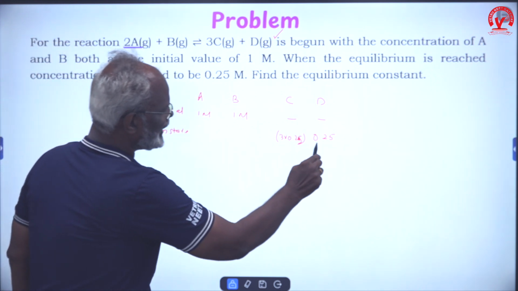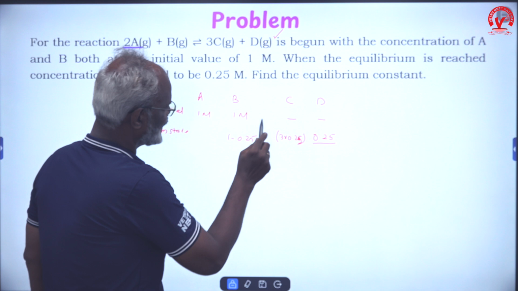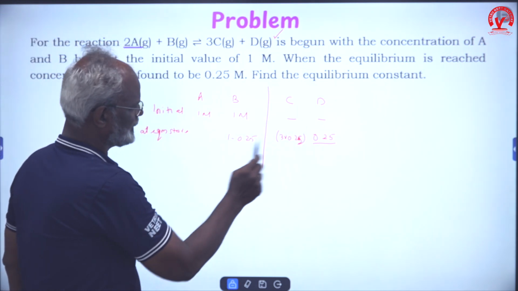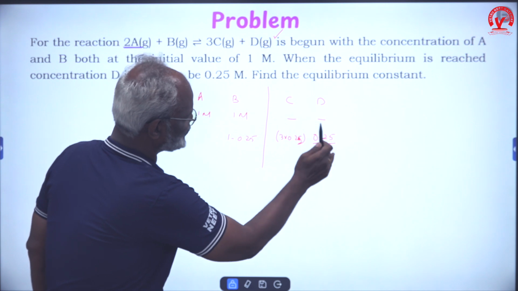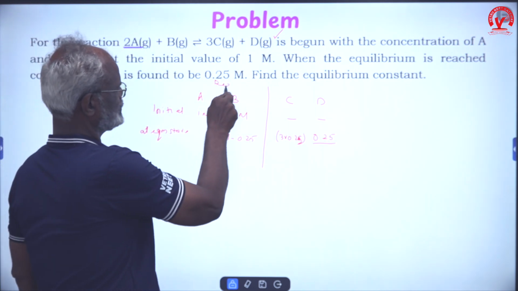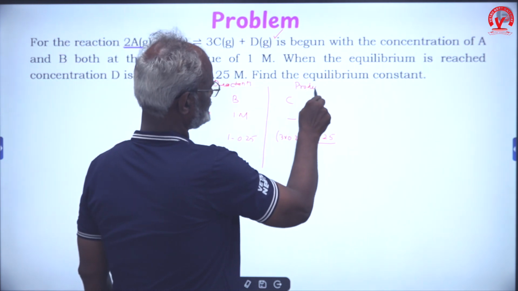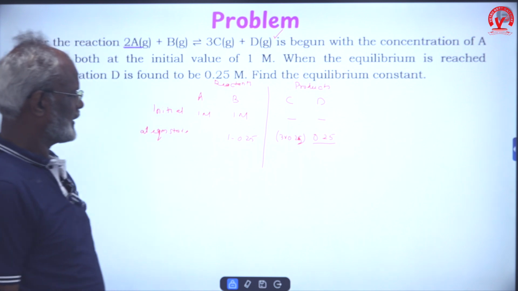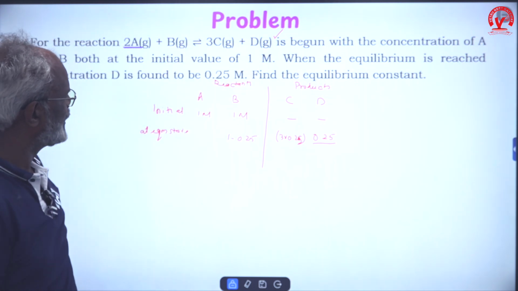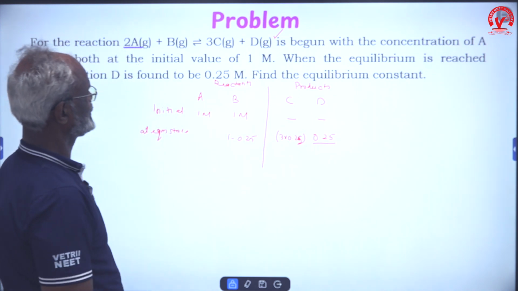Therefore, if 0.25 D is formed, then 0.25 has reacted from B. Stoichiometrically, C is 3 times D. So coming to B, 1 B reacts, 1 D is formed, so 0.25 D is present and 0.25 of B has reacted.